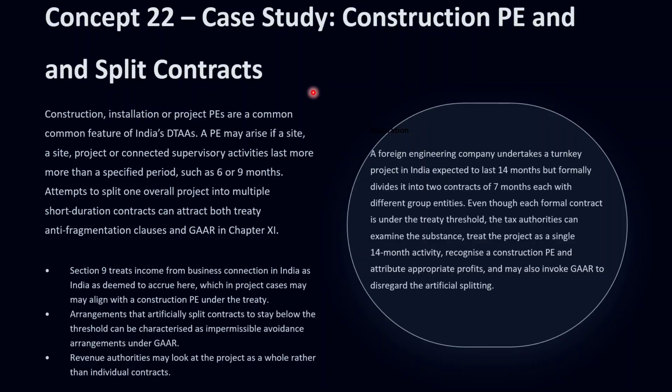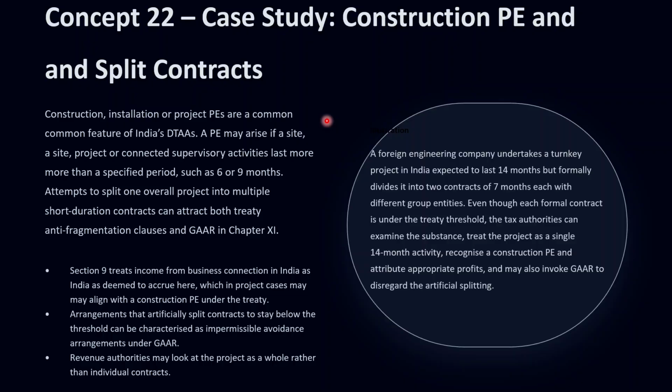The duration may be say 6 months or 9 months or 12 months, depending upon the individual DTAAs. So section 9 simultaneously treats income as deemed to accrue in India where there is a business connection through such activities.